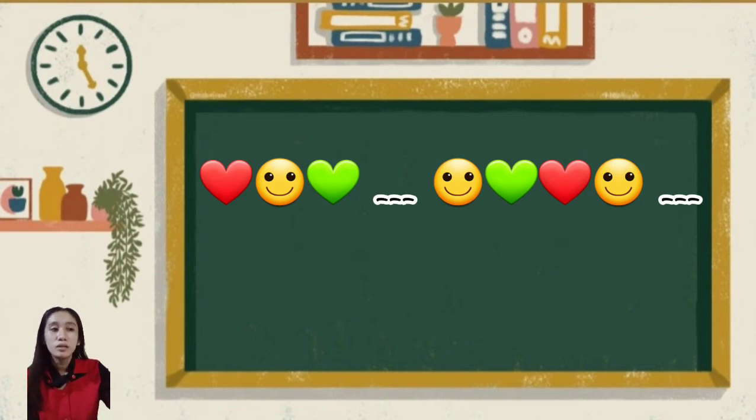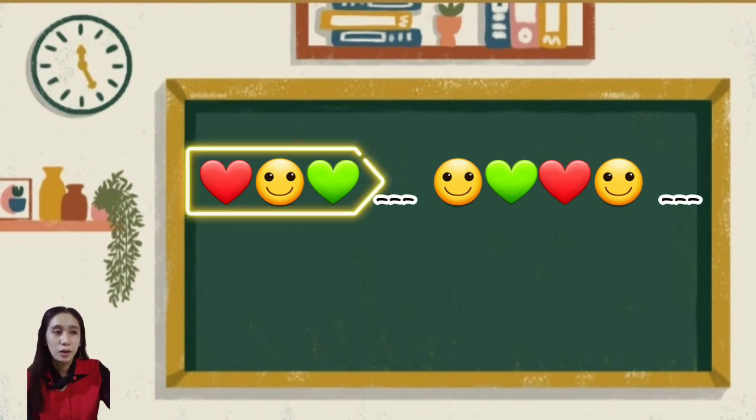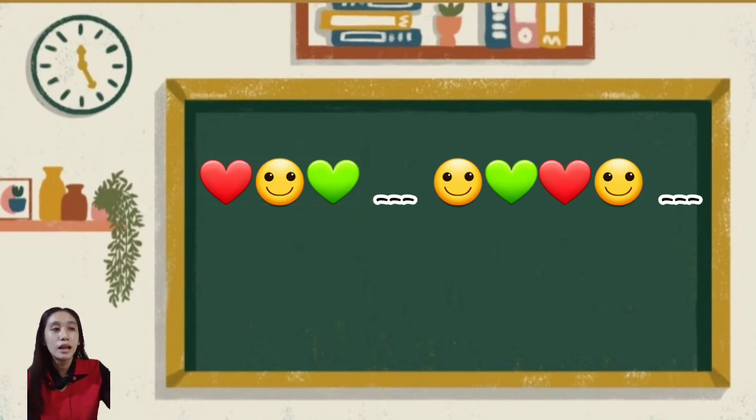So now, do you already know the missing term? Okay, let's take a look first at the first term. We have the red heart. We can see that the first term in the pattern is the red heart. That's why the missing term in the second set before the smiley face is, very good, the red heart. Now, another one, take a look at the picture after the smiley face.